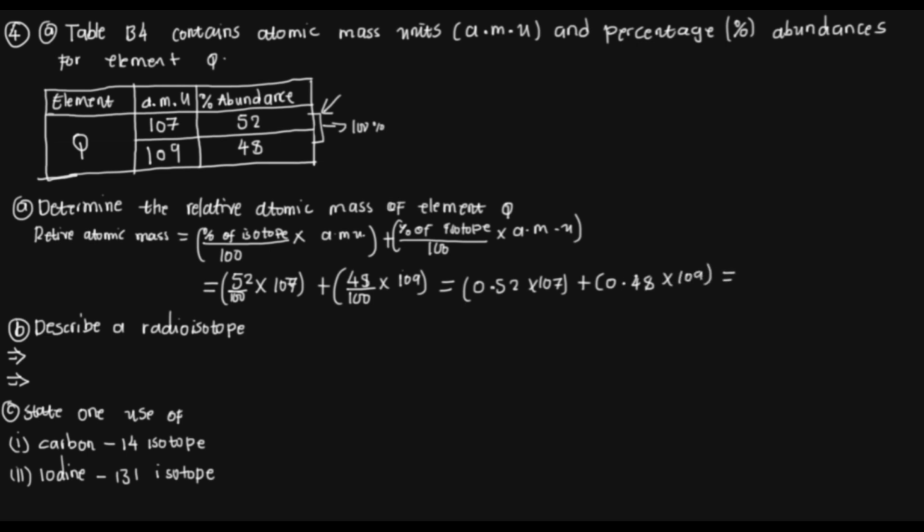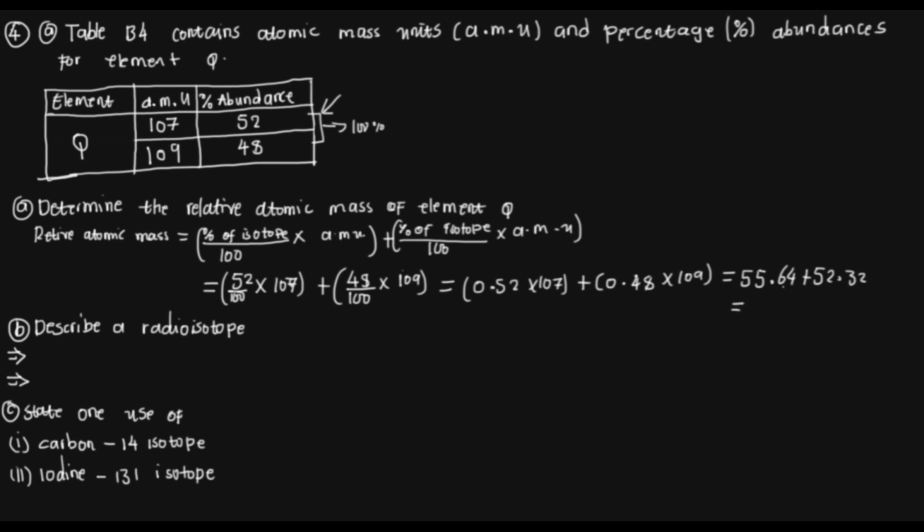Now we do the calculation. 0.52 times 107 is equal to 55.64, plus 0.48 times 109, we get 52.32.